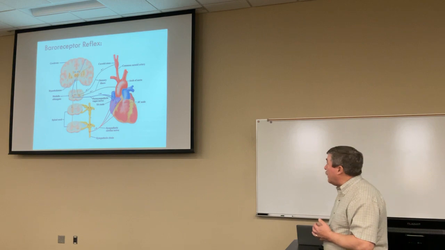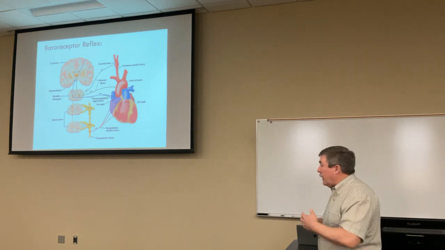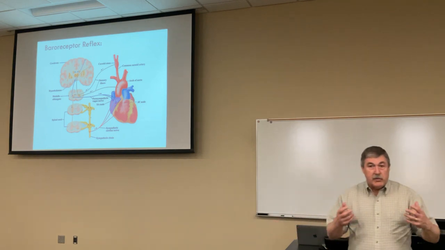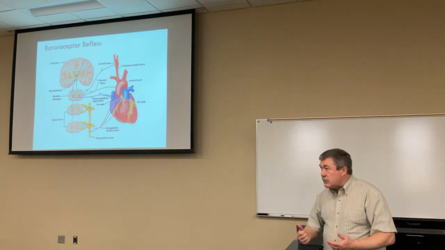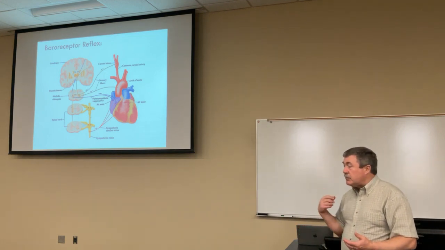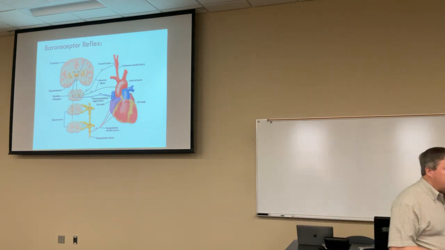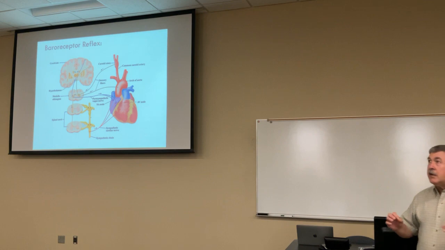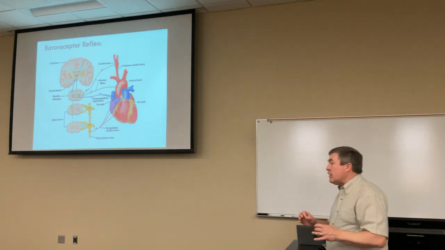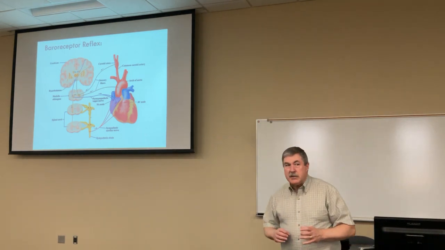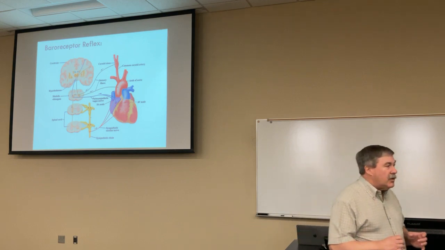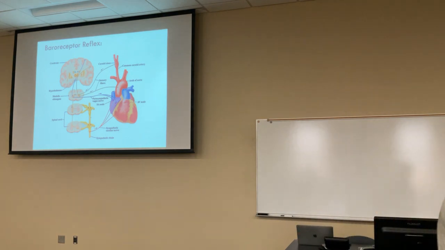And the vasomotor center then responds by increasing sympathetic stimulation to the heart and blood vessels, and decreases parasympathetic stimulation of the heart. Most blood vessels are not supplied by parasympathetic fibers. They're only supplied by sympathetic fibers. So the diameter of blood vessels can either be decreased or increased just in response to changes in sympathetic stimulation.